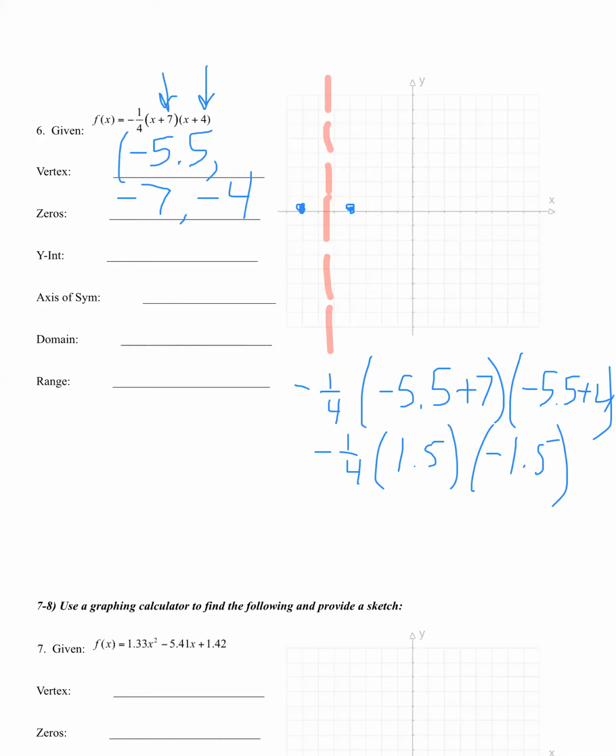I get out a 0.5625. Okay, so that means that my vertex is going to be like right there.